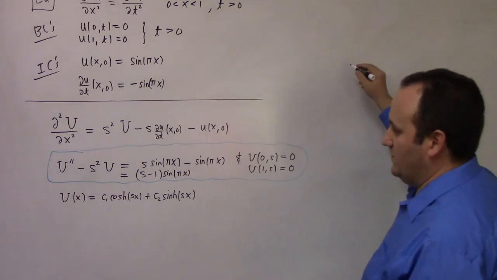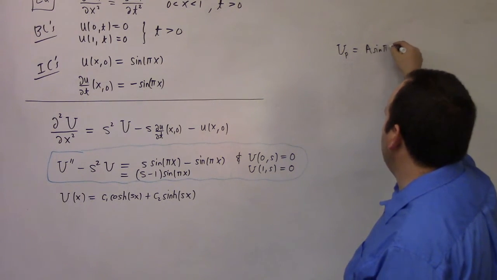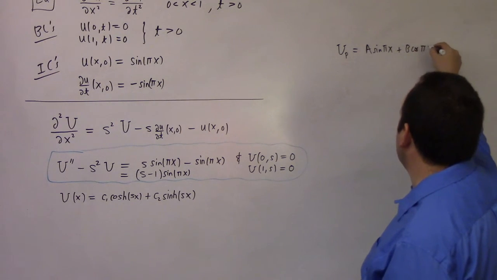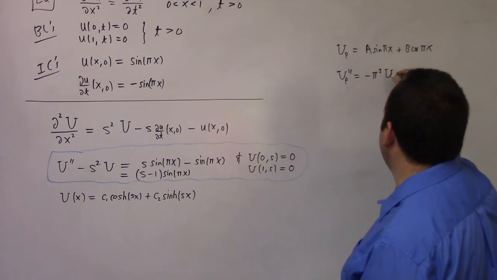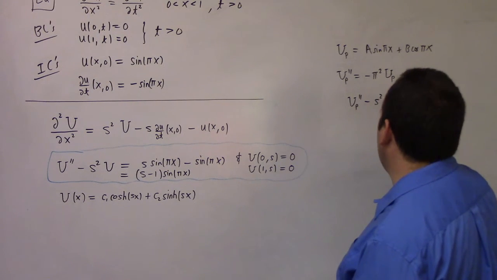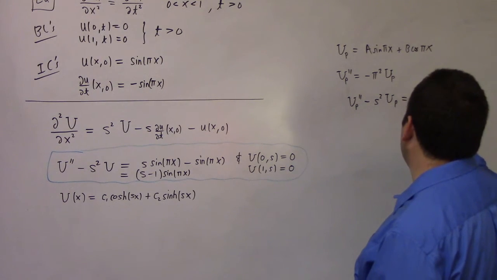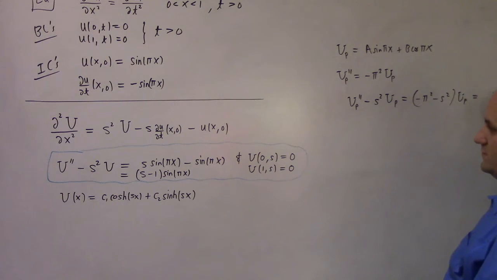So let me show some particular work. If U_p is equal to a sine pi x plus b cosine pi x, then of course U_p prime prime is minus pi squared U_p. So U_p prime prime minus s squared U_p gives minus pi squared minus s squared times U_p, equal to s minus 1 times sine pi x. That implies b is equal to 0.